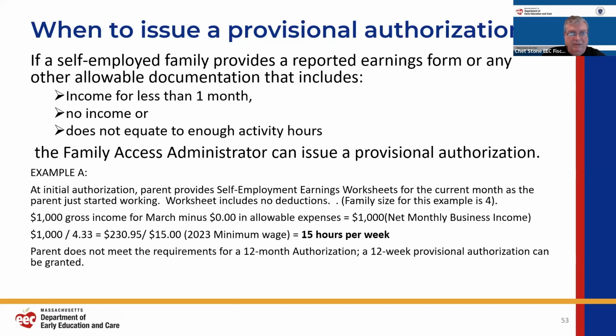I'll let you think about that. But hey, they just started the business. They haven't got 1 month in. They have no income. They got the business going. They haven't provided 1 day of service. It's not going to equate to enough activity hours.